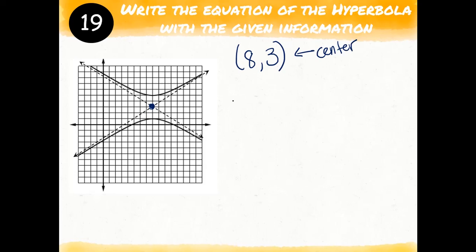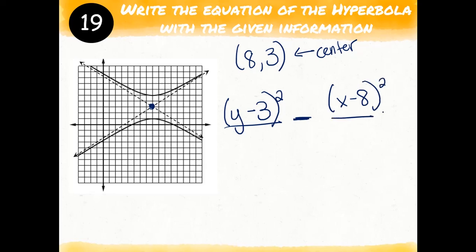So I can start writing my equation, and this guy is up and down, right? He's opening up and down. So that means the y has to come first. So I'm going to go y minus 3 squared, because it's opposite signs, right? Subtract x minus 8 squared over, then we're going to get equal to 1.